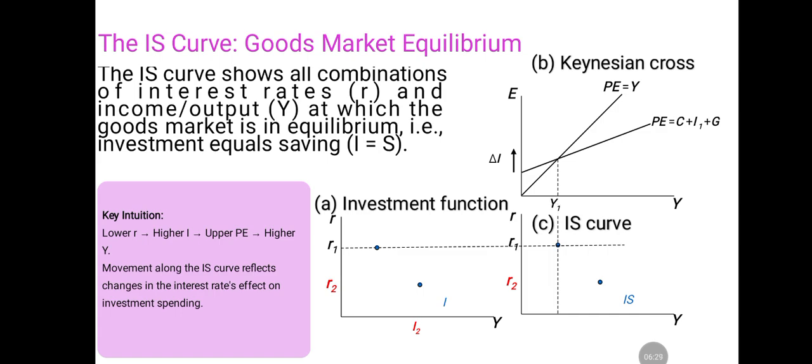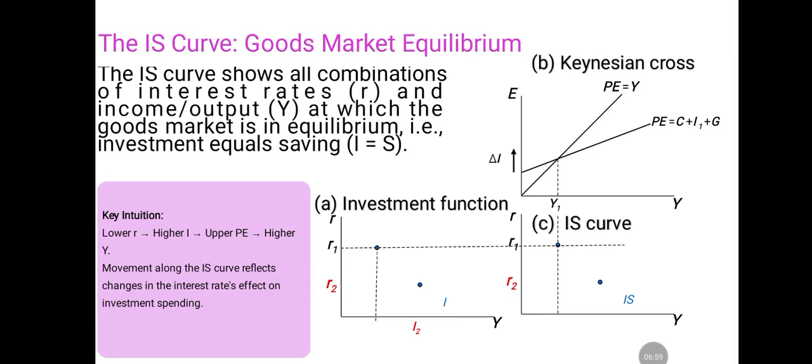This is presented in both panel B and panel C. Here the investment is I1, presented in panel A. When the investment is I1, the interest rate is R1, which is also presented in panel A and panel C.